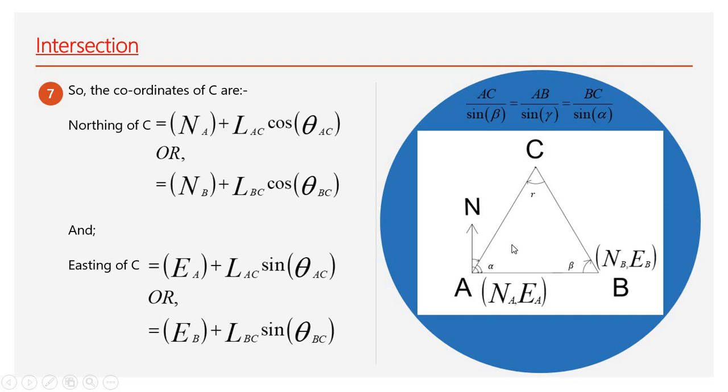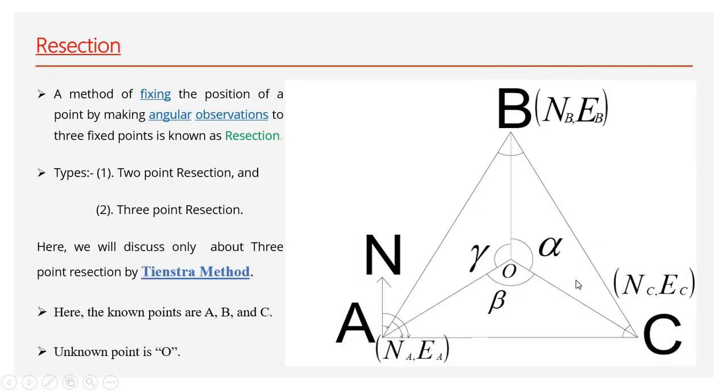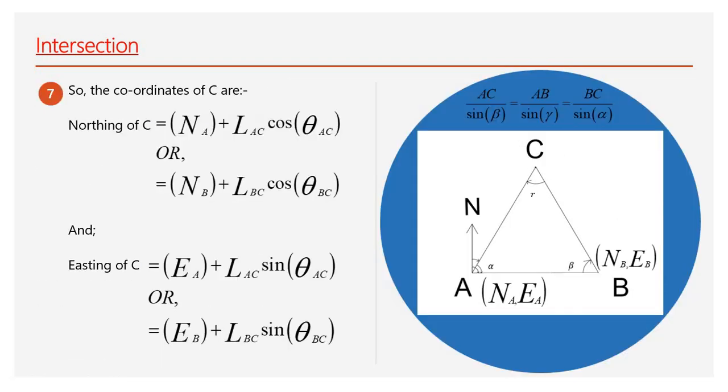Now we will find the coordinates of C. Here the coordinate of C is unknown, while A and B both have northing and easting. We can calculate the northing and easting of C from these two points.